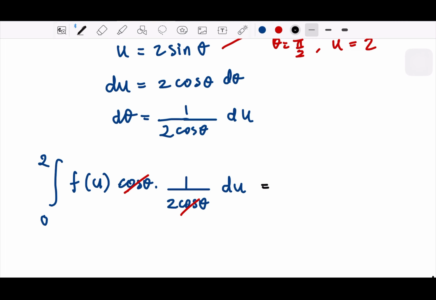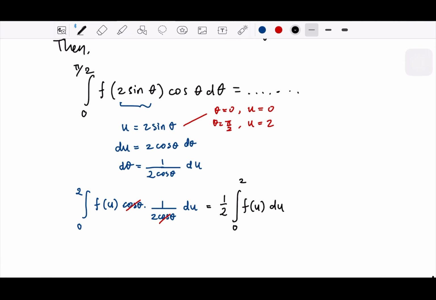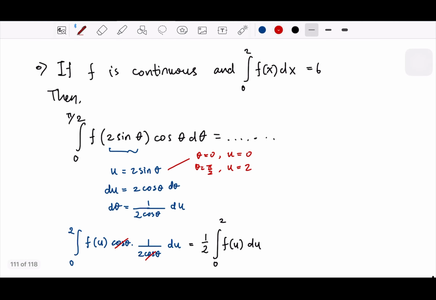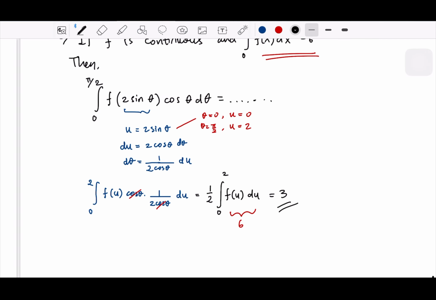And we get that we have half of the integration from 0 to 2 of f of u du, which we have in the information that its integration is 6. So this whole thing is 6 by 2, 6 divided by 2 is 3. So this is the answer.